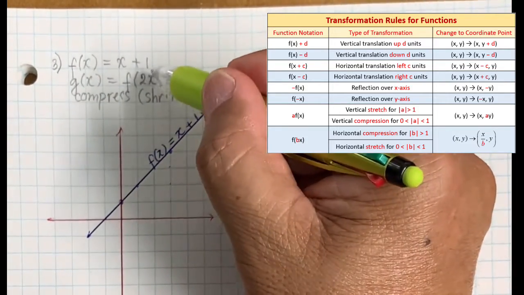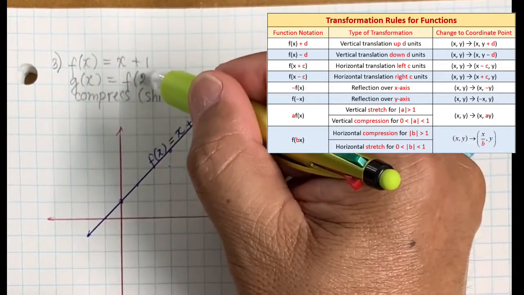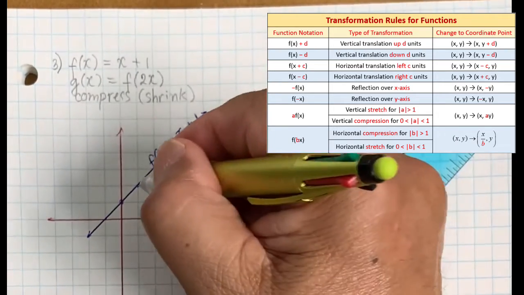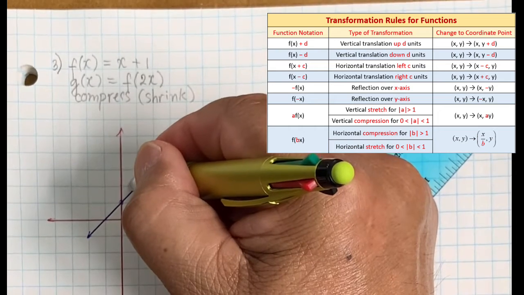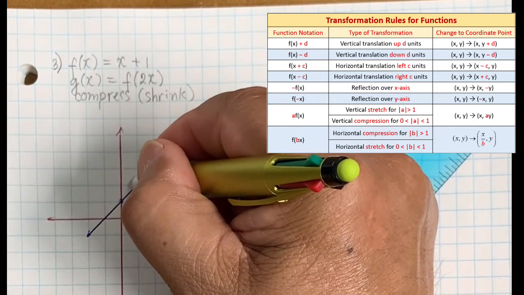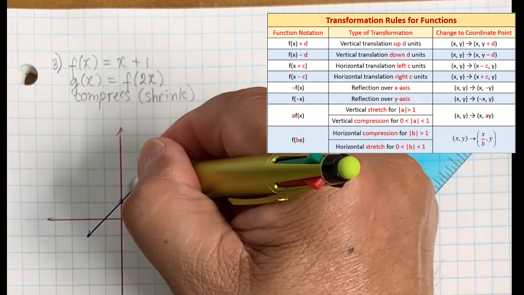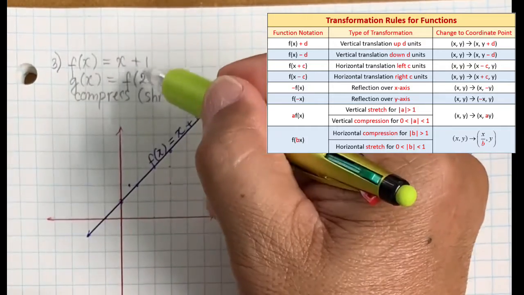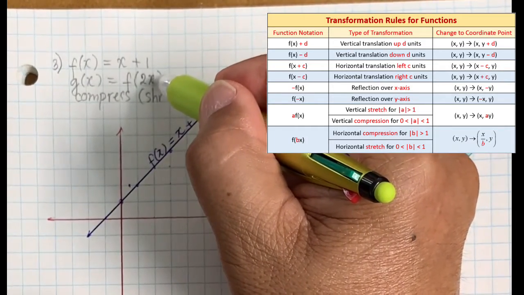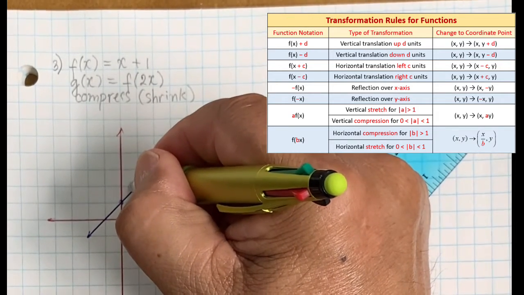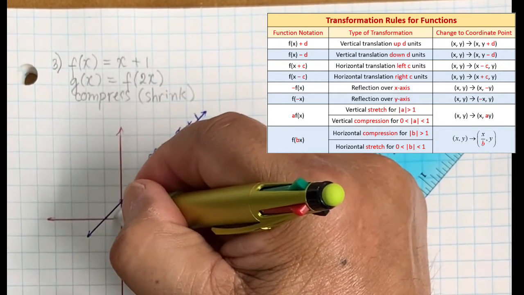Now, to shrink this thing by 1/2, I need to move this point over here, half of it, yeah? You see, right there, all right? Well, when x is 0, then g of x is also 0, okay? For this point, I need to move it over here.